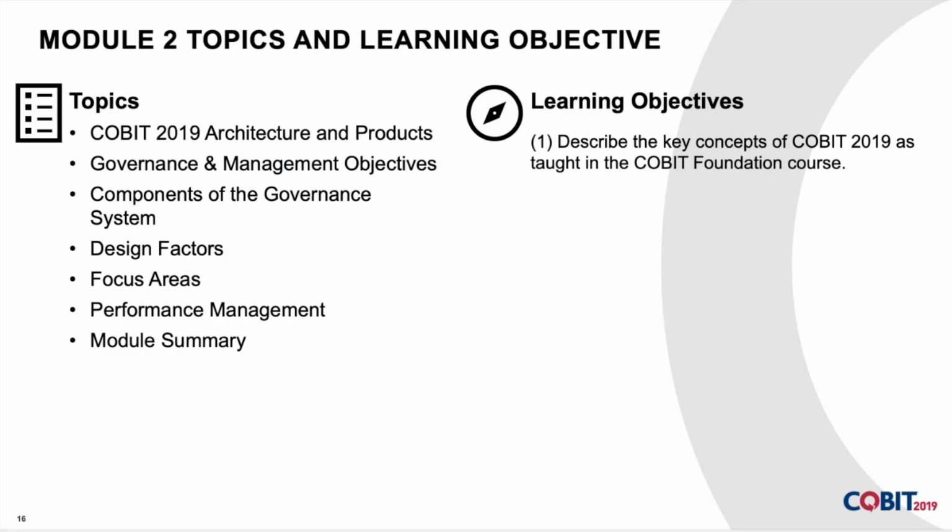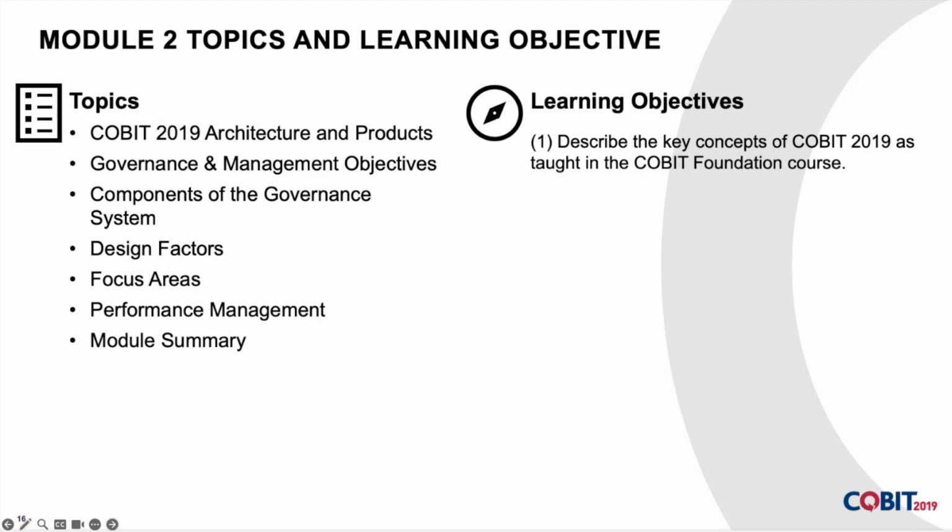As you know from COBIT, every new module will start with some learning objectives. These learning objectives are then ultimately going to be covered within the exam itself. So we'll start today with reviewing a little bit of the structure of COBIT, known as the COBIT 2019 architecture. We're also going to look at the different governance and management objectives again.